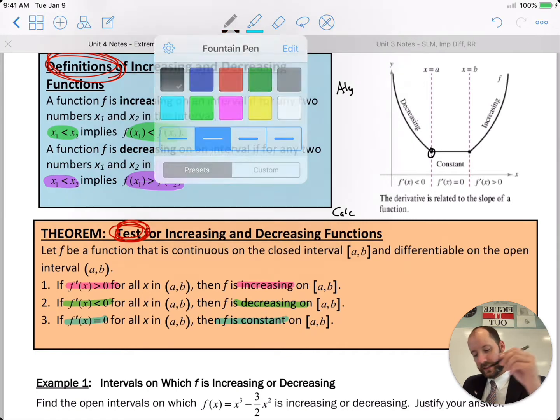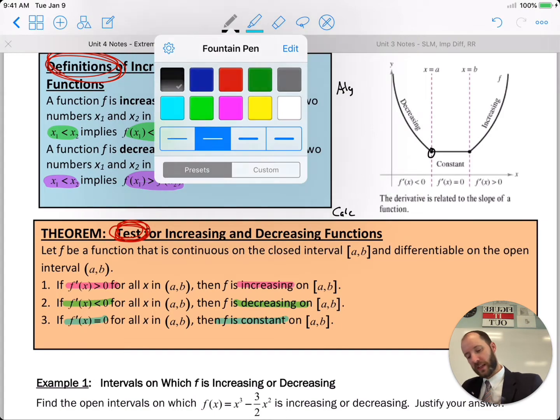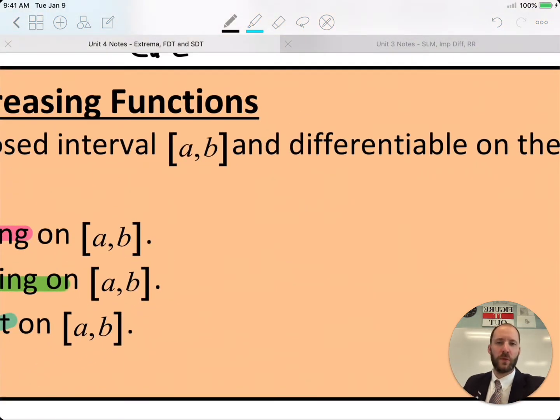Now I think this still has a little ambiguity because we look at derivative values in the open interval, which you have to, but then you make a determination in the closed interval. So an endpoint of an increasing interval could be the endpoint of a decreasing interval, and the closed interval would include them in both.